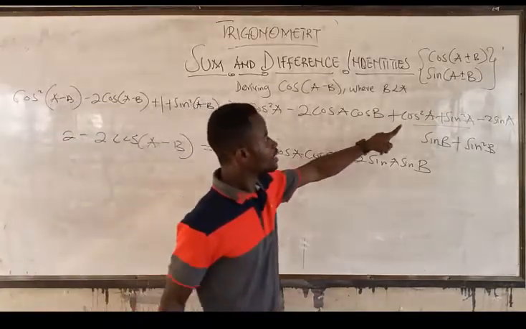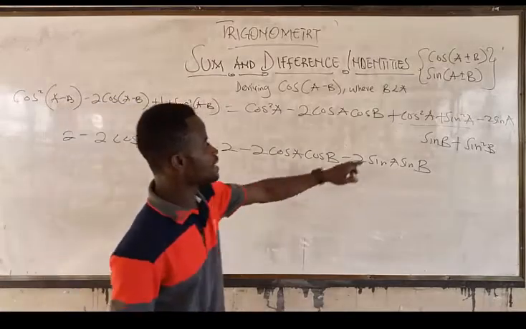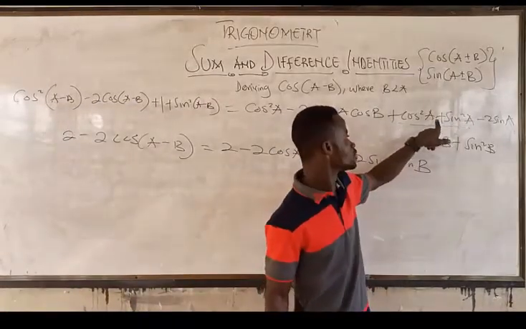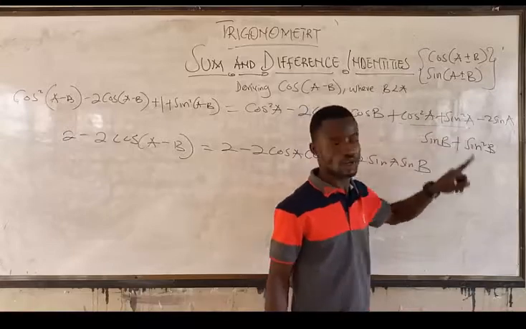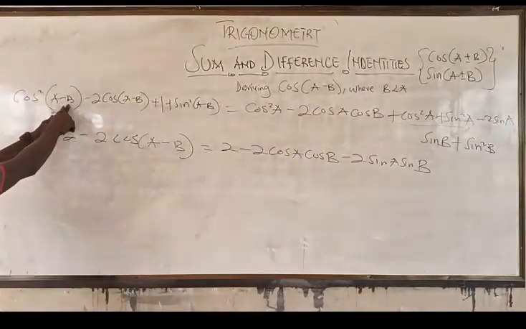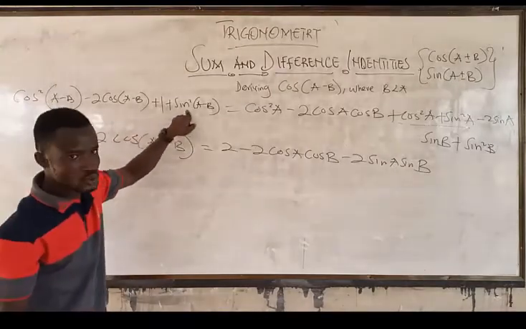So this gives 1, and not only that, why is it that this is giving 1? Because the arguments are the same. You see that the arguments are the same. So in the same way, the argument here is A minus B, the argument here is A minus B. Here is cos square, here is sine square.